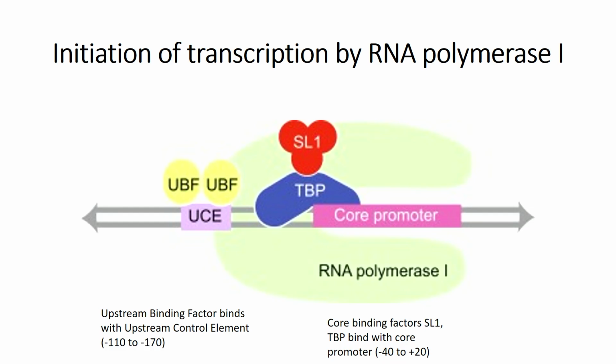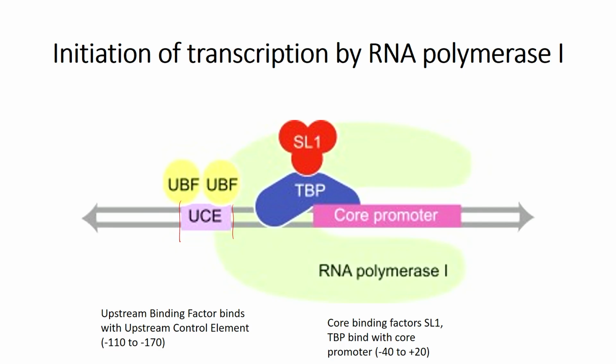One is the core promoter, which is near the start site, with which the TATA binding factor and SL1, one of the important transcription factors for RNA polymerase 1, bind. The other is the upstream control element, which is several bases up, and with this the upstream binding factor binds. The upstream control element is minus 110 to minus 170.